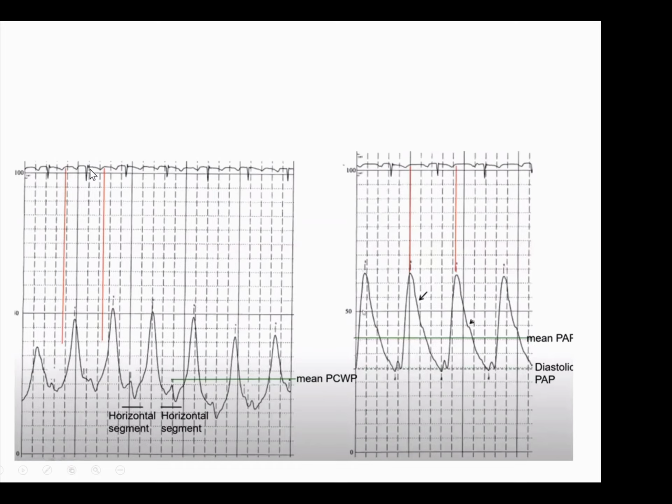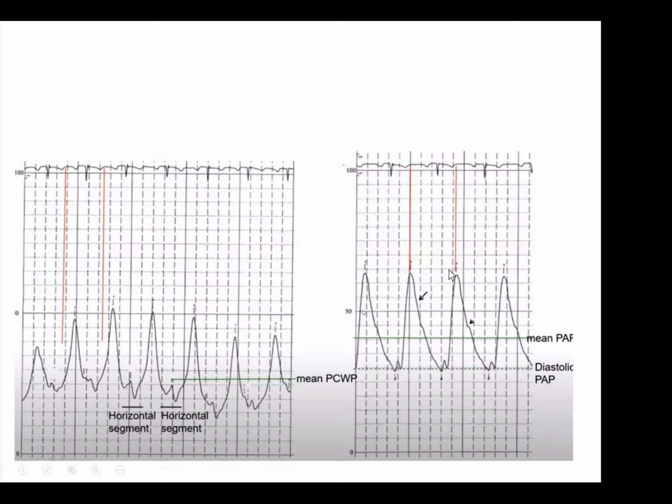This ST segment, it should be peaking. But where is it peaking? It is peaking after the T wave. So if the pressure is peaking after the T wave, it cannot be LV, it cannot be RV, it cannot be aorta, it cannot be PA.